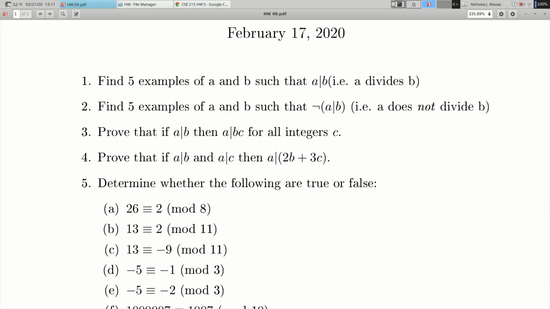This being equivalent to that means that 13 mod 11 is the same thing as negative 9 mod 11. This is how they write it. I like to think of it in your head like this: 13 mod 11 equals negative 9. That's the same thing. So they write this logically equivalent thing, and they just don't write the mod.